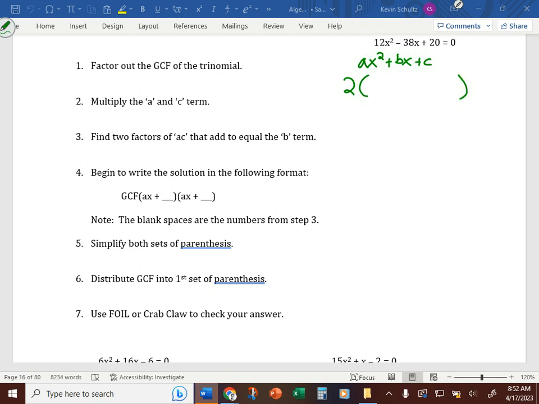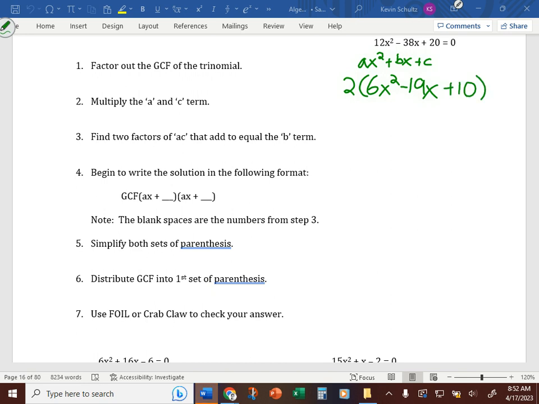When we say factor out, we really mean divide out of. If we factor a 2 out of 12x squared, what are we left with? 6x squared. If we factor a 2 out of negative 38x, what are we left with? Negative 19x. And if we factor a 2 out of 20, what are we left with? 10.